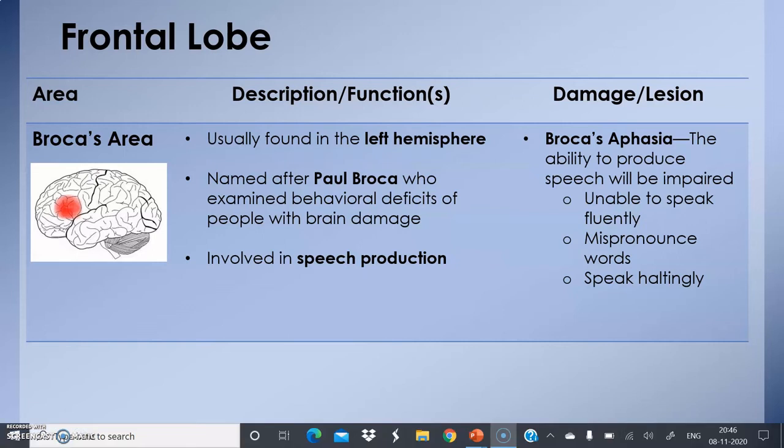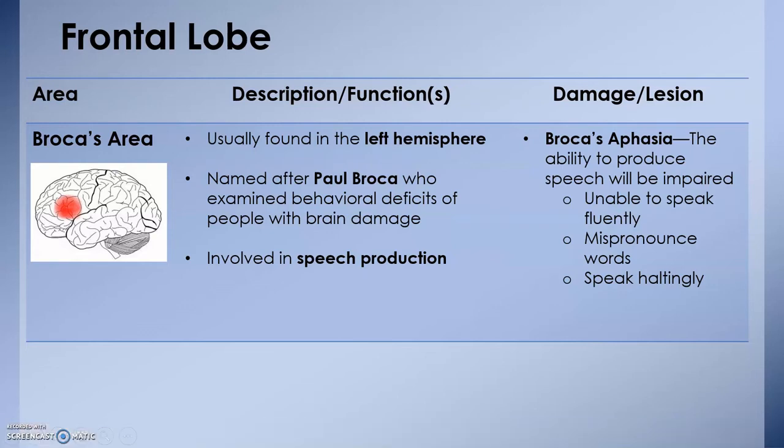Speaking haltingly is another way to say that you're not able to speak as fluently as you were able to before Broca's aphasia. Now, a quick recap of the frontal lobe. We discussed the three major regions of the frontal lobe so far. That involves the prefrontal cortex, Broca's area, and the motor cortex.